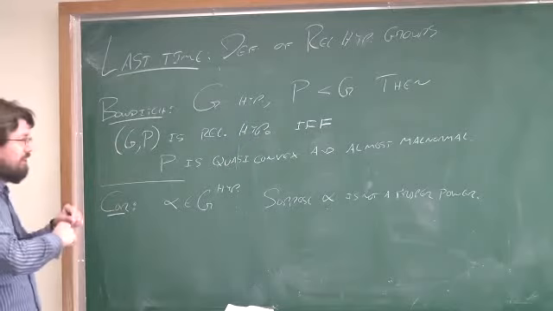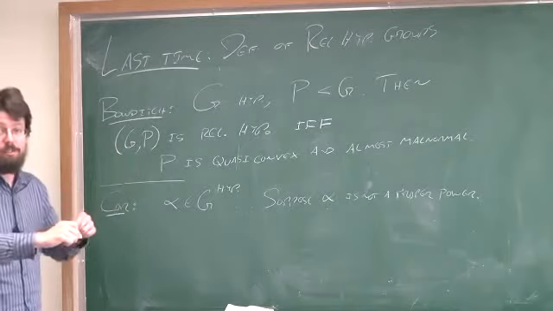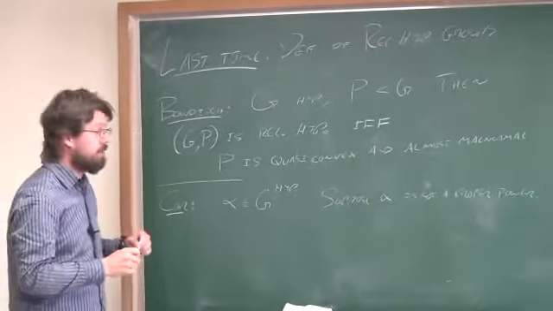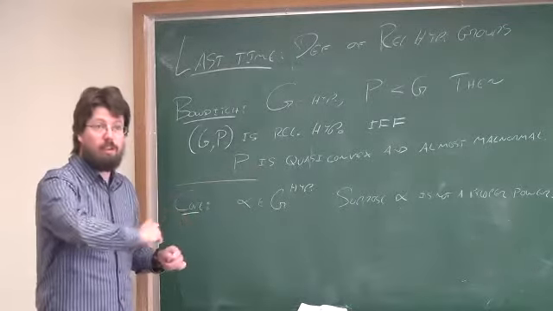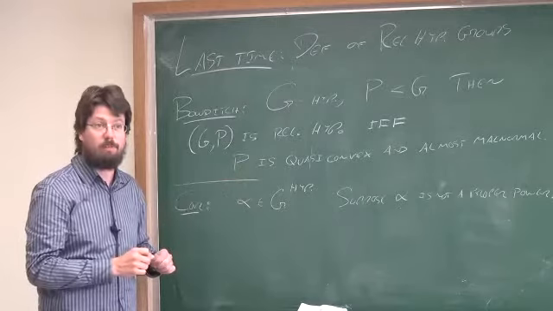So if you think about its action on the Cayley graph of G, then it's going to act hyperbolically, right? So the orbit is going to be a quasi-line, a quasi-isometrically embedded line.